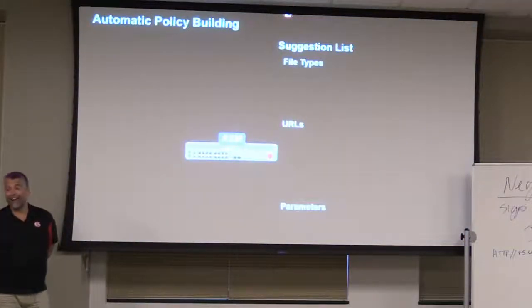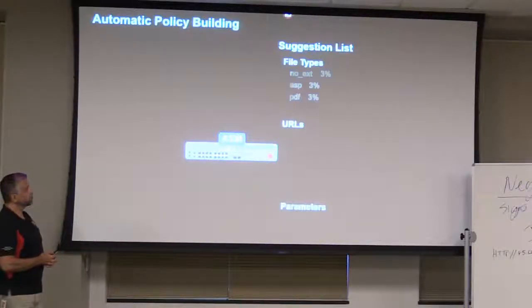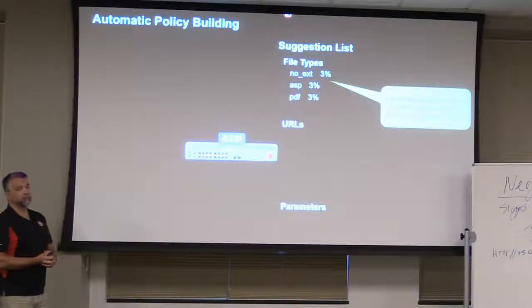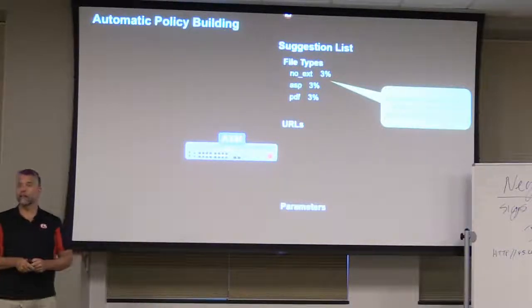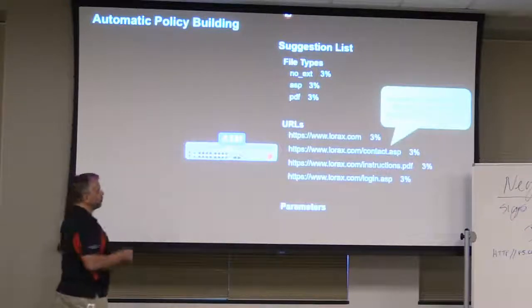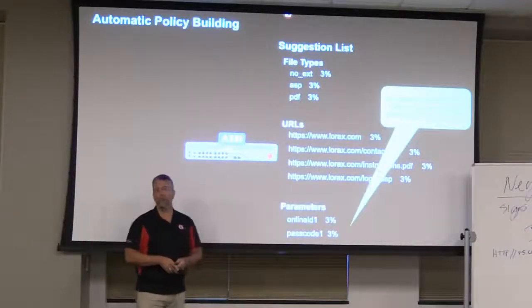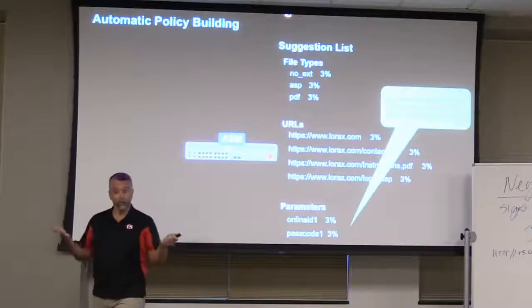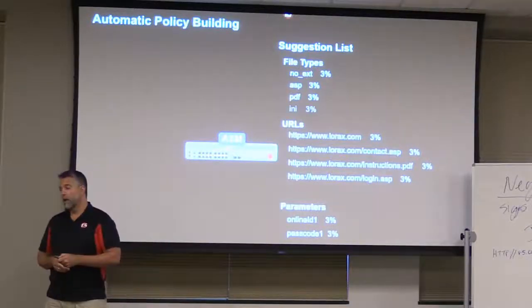So let's talk about how that's a little bit different from automatic learning mode. Same idea, just like in manual mode, we have suggestions for file types, we have suggestions for URLs, and we have suggestions for parameters, all of which have learning scores.